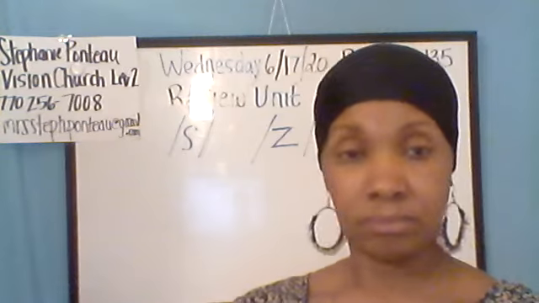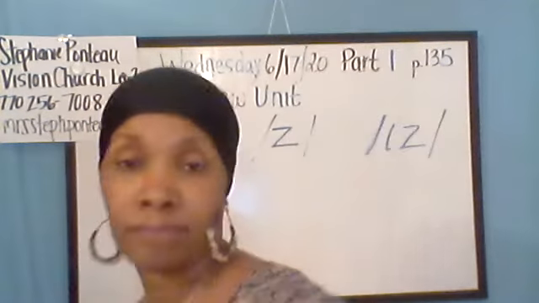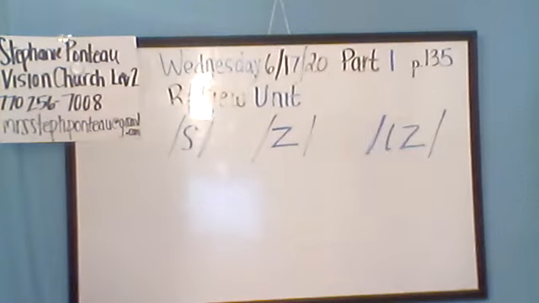Page 135, exercise 3B, track 37. S: wants, suggests, unlocks.